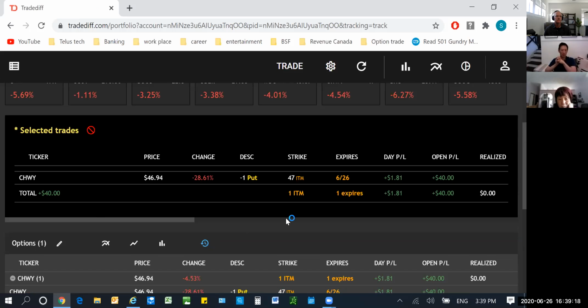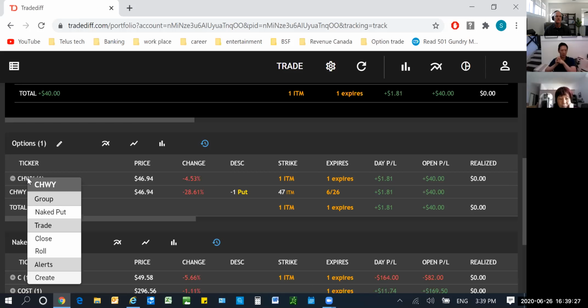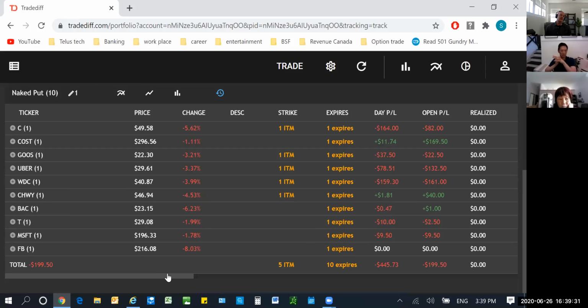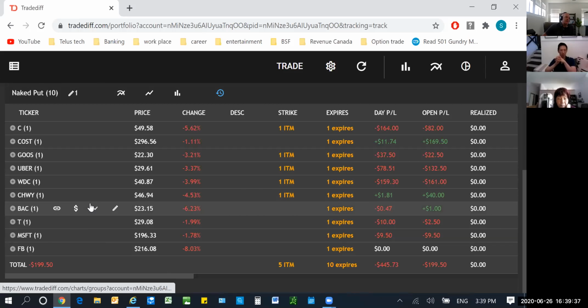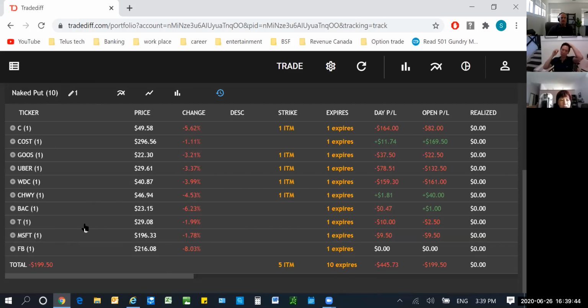You actually could right click the plus button and choose naked put. If in the future you ever have things that aren't in the category of naked put, then you haven't placed it anywhere yet. Okay, all right, so this is all my naked puts. I got 10 of them.